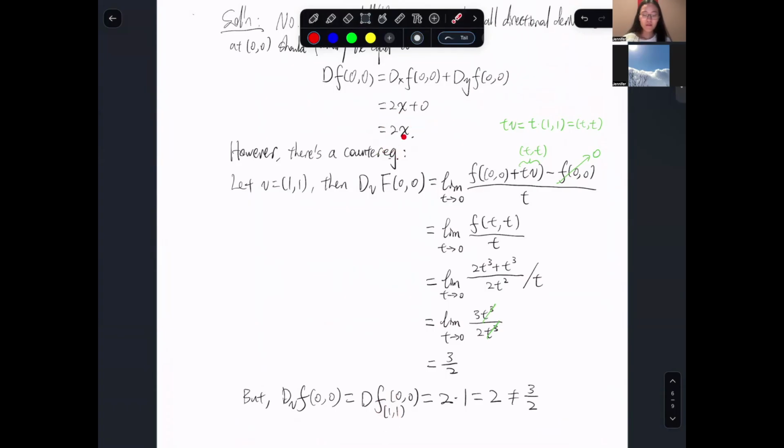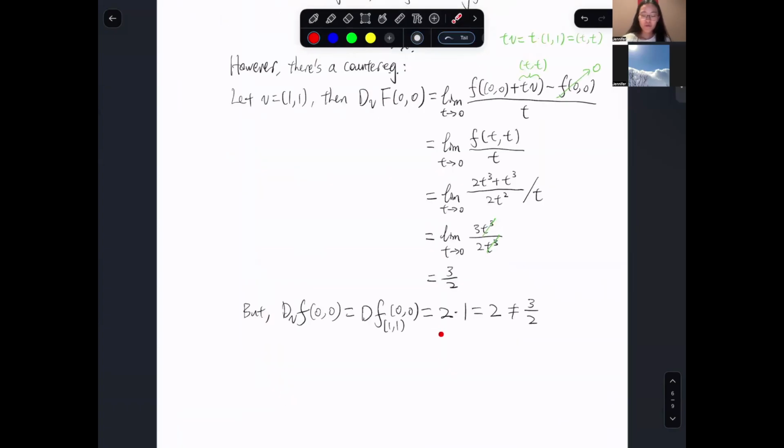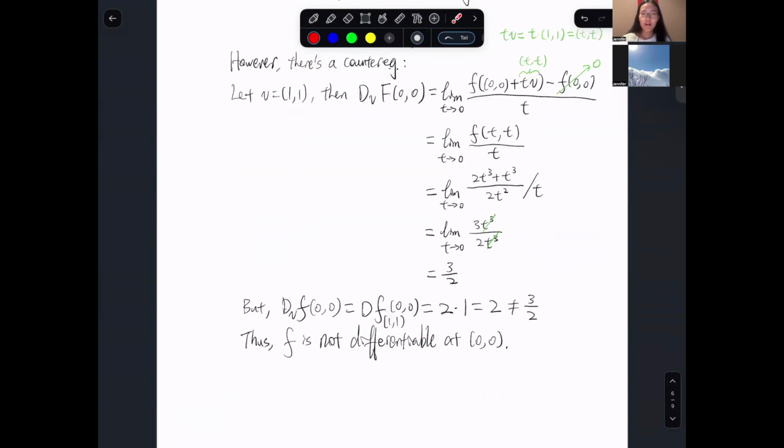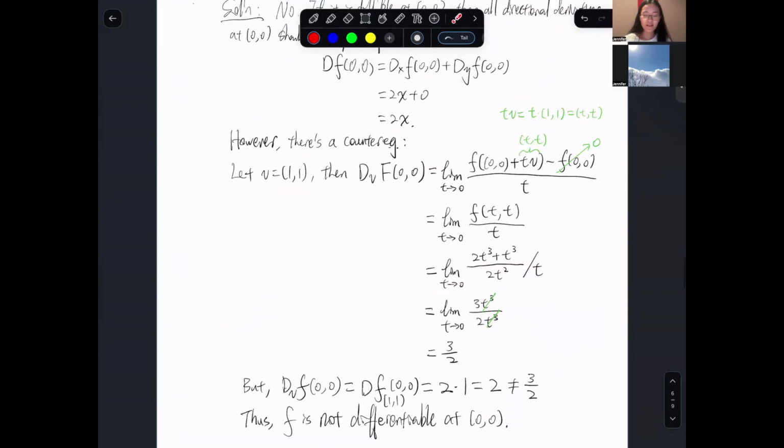We have x equal to 1, and there's no y term, so we don't care about y. So that is equal to 2 times 1, which is 2. That is not equal to 3/2. Thus, the conclusion is that f is not differentiable at (0, 0).